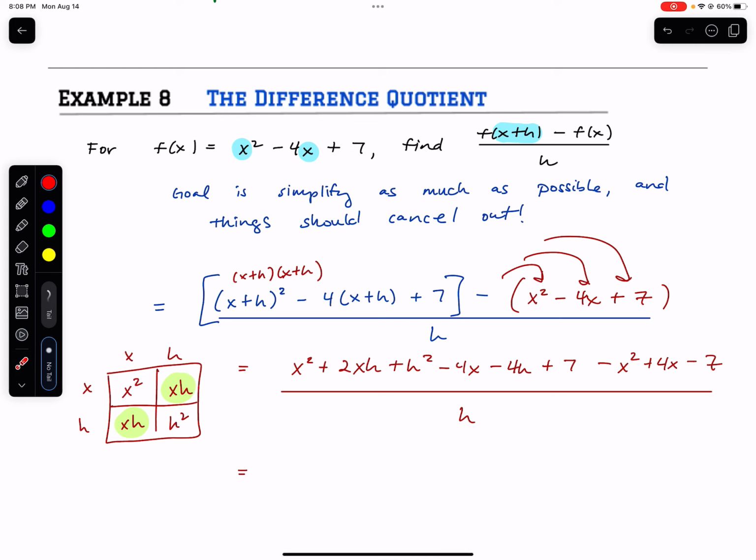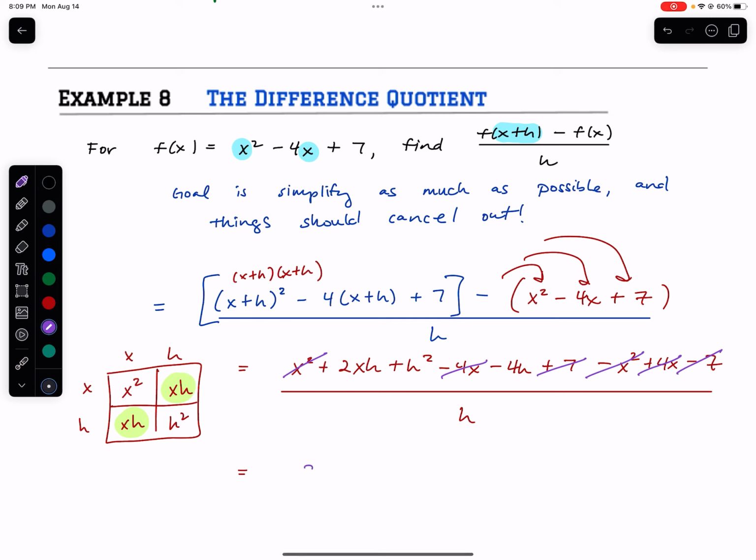So notice I have a 4x and a negative 4x. So those are going to cancel out. I have a 7 and a negative 7. I have an x squared and a negative x squared. So what I want you guys to notice is these all canceled out. Then everything else that's left over, notice that they all have in common an h.